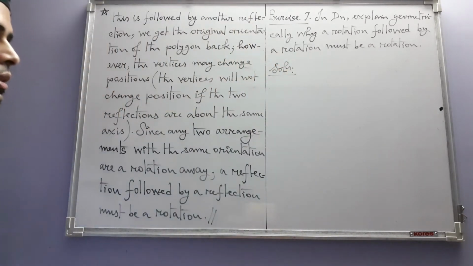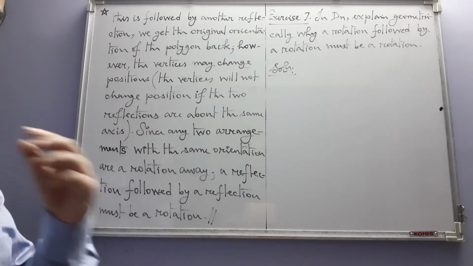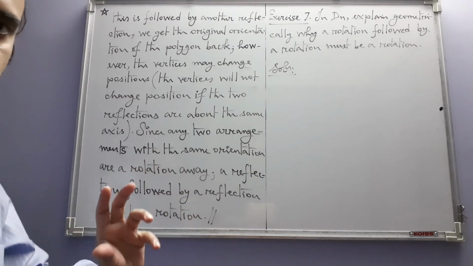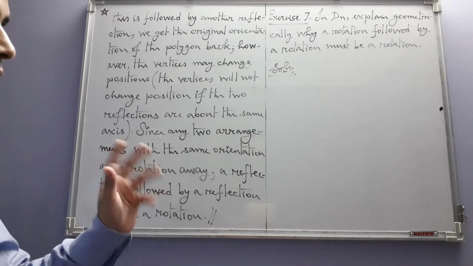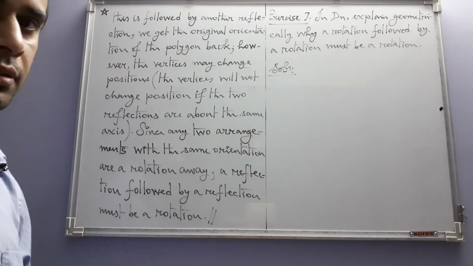Now you may think that it's obvious. Well, geometrically it's obvious. You rotate it once and then you rotate it once more. So the ultimate result is a single rotation through some angle. But exactly how do you justify it?